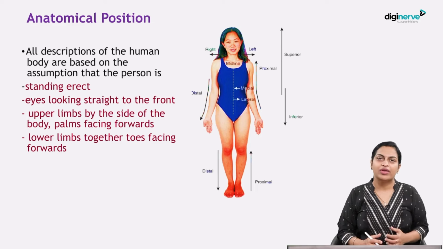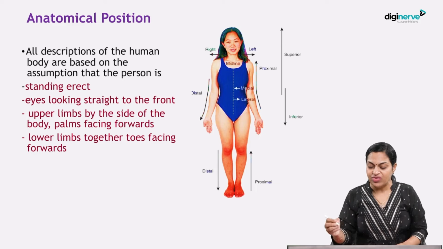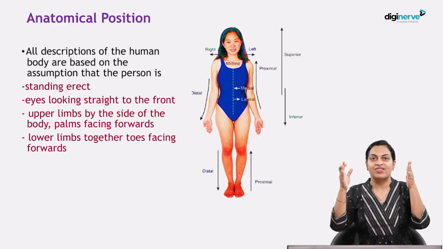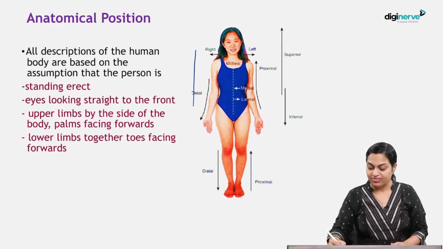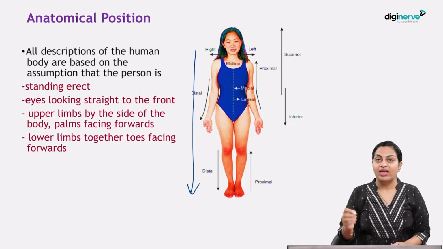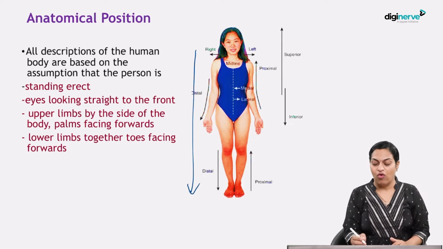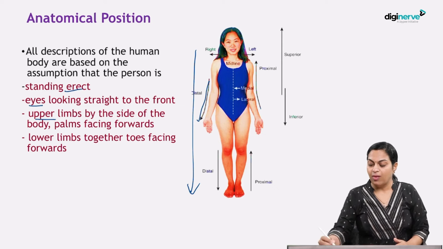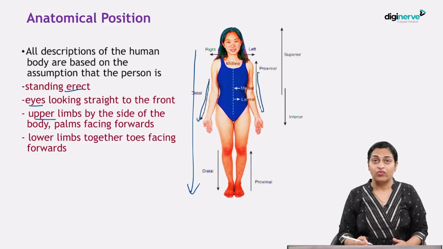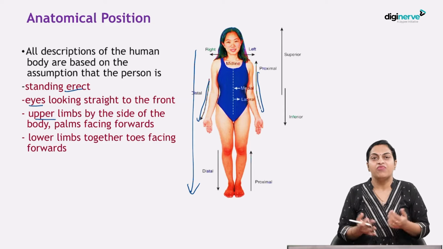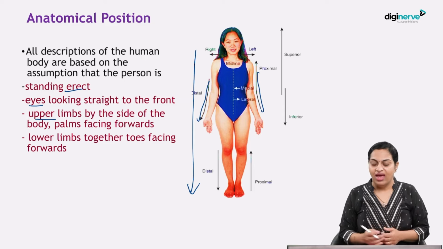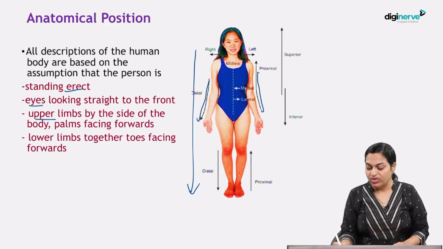So what is this anatomical position? As you see here, imagine a person standing erect, the eyes looking straight and forward. The upper limbs by the side of the body with the palms facing anteriorly and both the feet together.